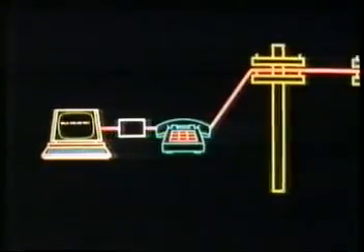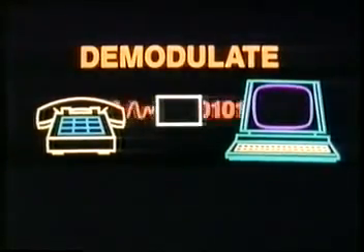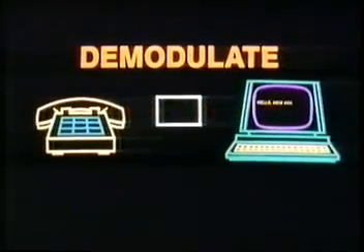Then whatever you type in at your computer can go out over the phone lines and be understood by any other telephone. But before that telephone can send your message along to a second computer, another sort of black box is needed to transform, or demodulate, telephone talk back into computer talk.